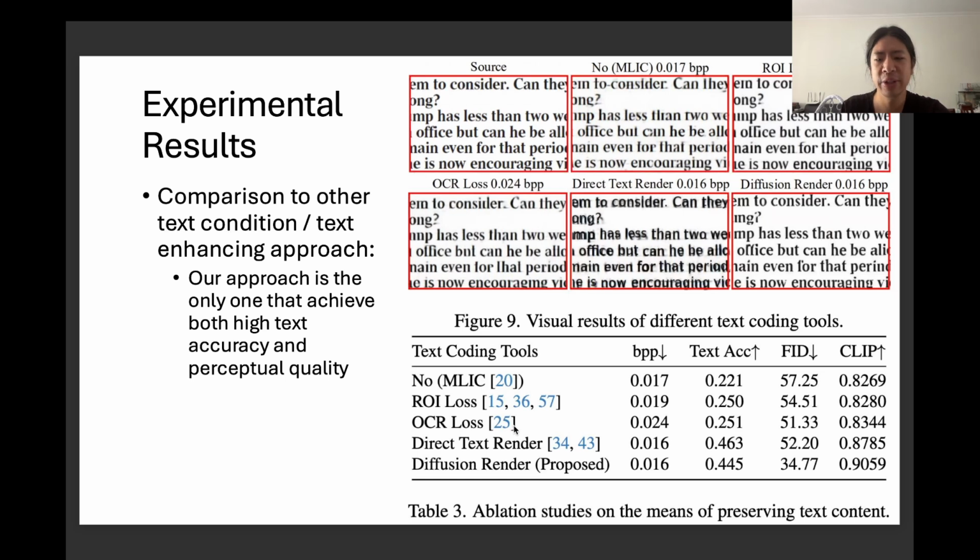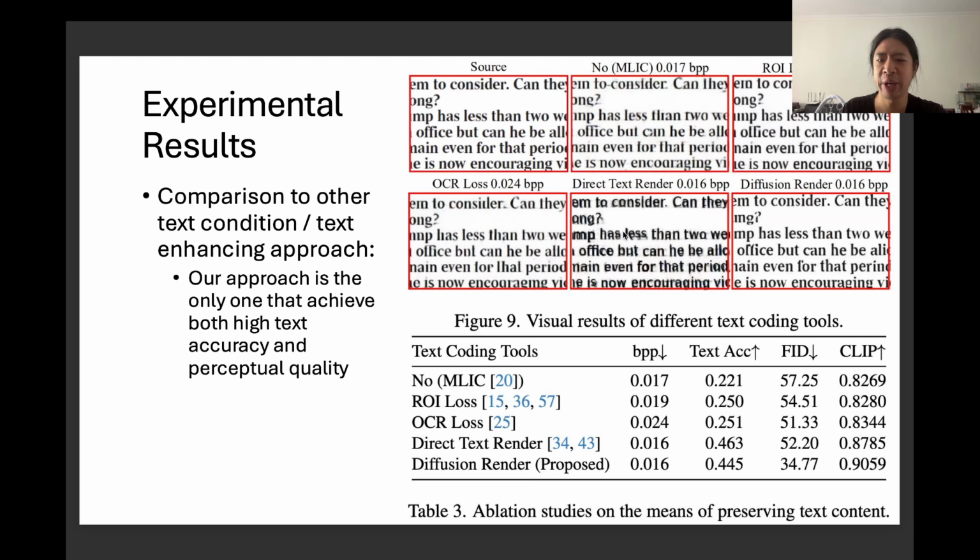And there is another really innovative paper, also presented by Microsoft, which uses the result, or the logits, of an OCR network as a loss function. But this drastically increases the bitrate, which is not desirable.